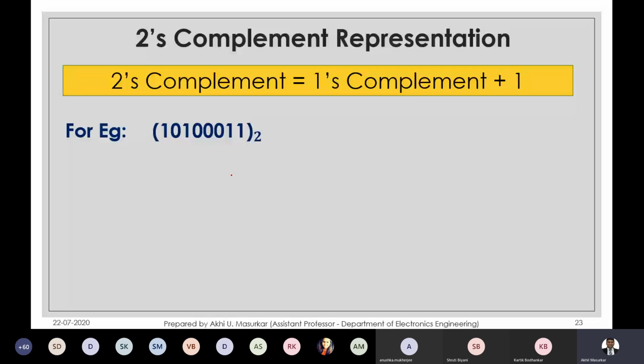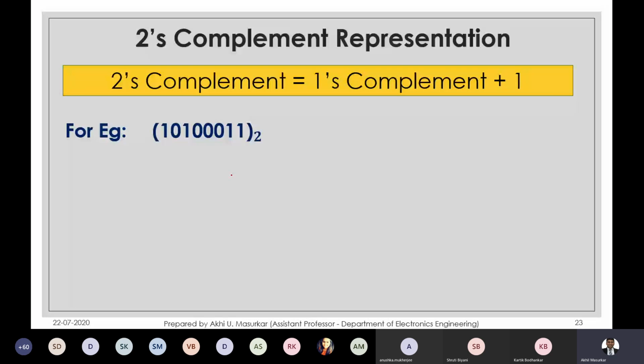Find out the 2's complement of this number and post it in the chat box. Okay, let's see.